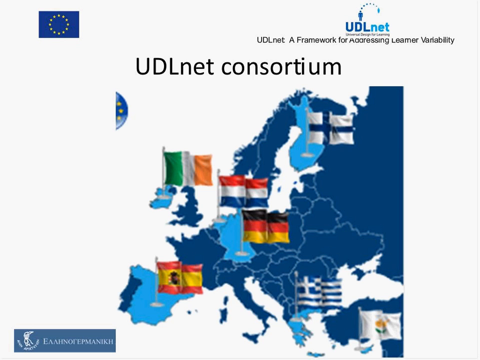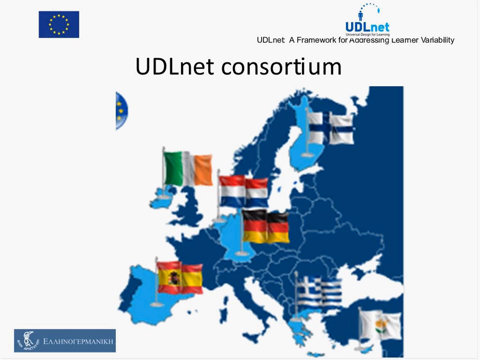The consortium consists of 9 partners from 10 countries. EA is the coordinator of this network, and I'm going to mention briefly the other partners. From Greece is the National and Kapodistrian University. We have a partner from Cyprus.